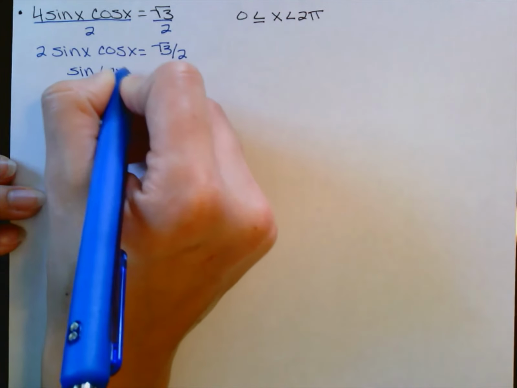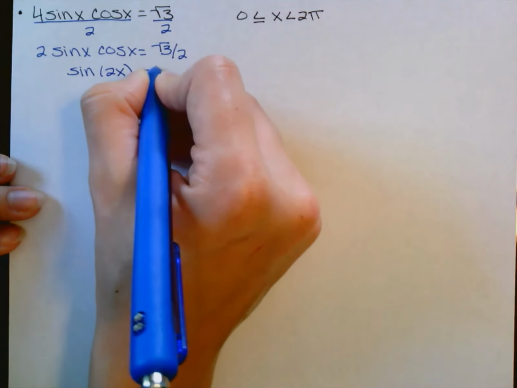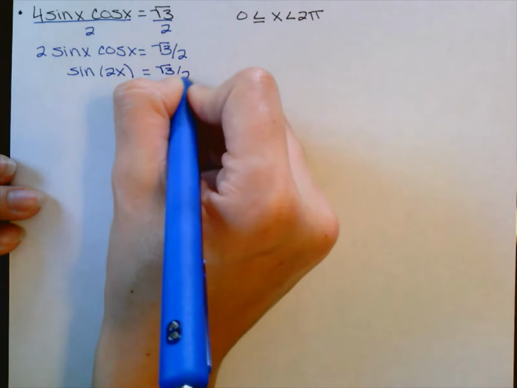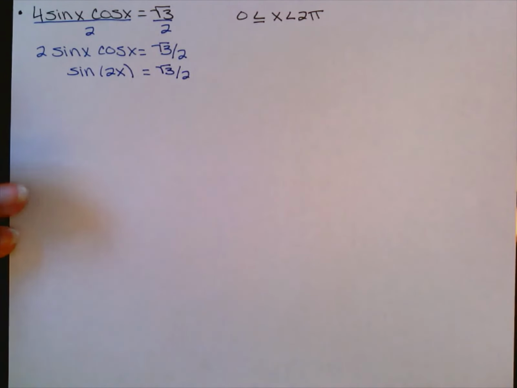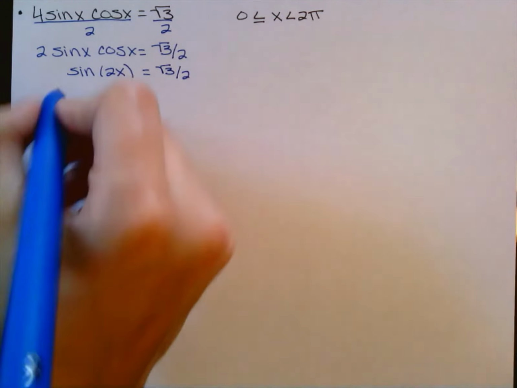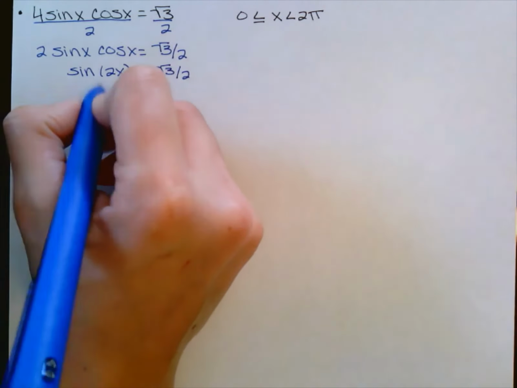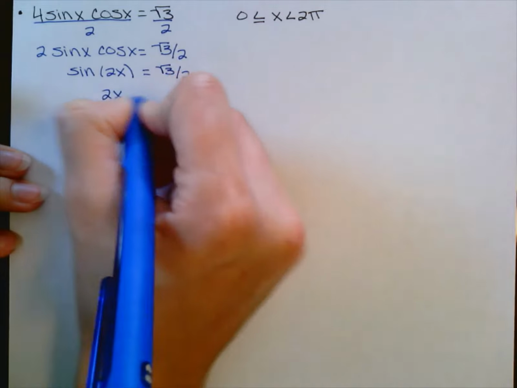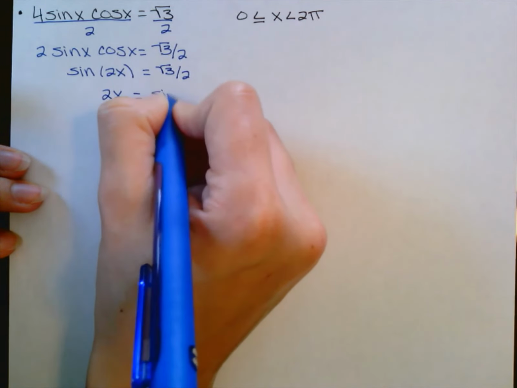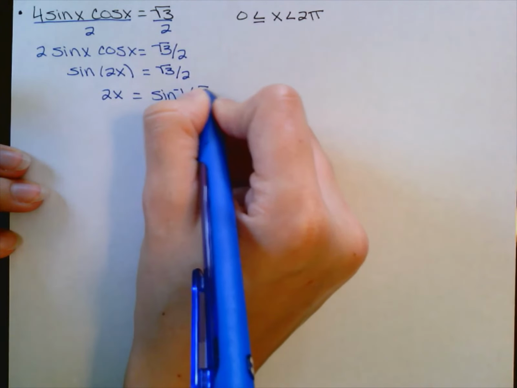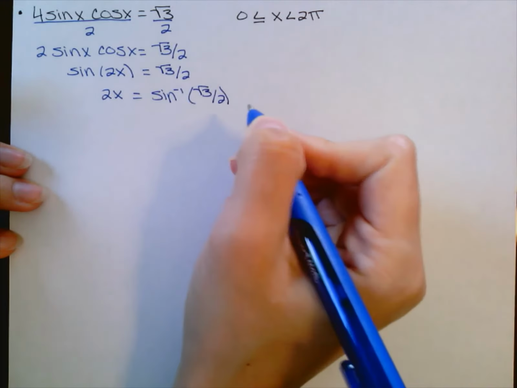It is a double angle formula. And that makes life a lot easier because now I have my trig function isolated. Now I can go to my step 2, bring down this 2x, and say inverse sine of square root of 3 over 2.